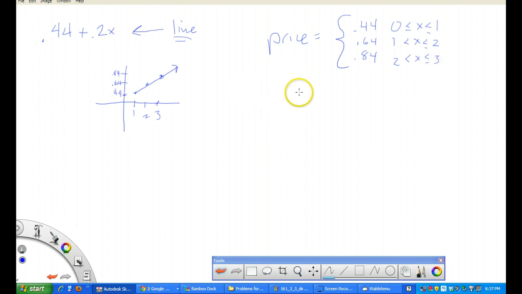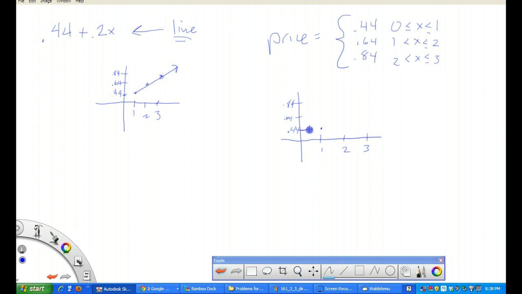What does this look like? This looks like this. Here's your y and x. Here's 1, 2, and 3. Okay? Here's 0.44. Here's 0.64 and 0.84. For 0 all the way up to 1, it costs 0.44.